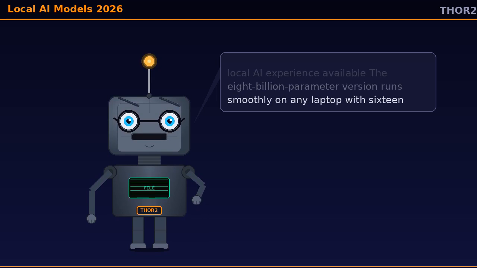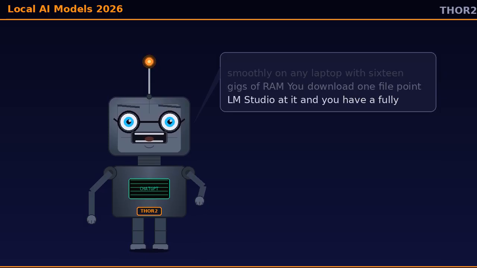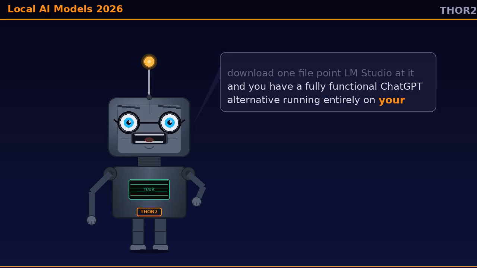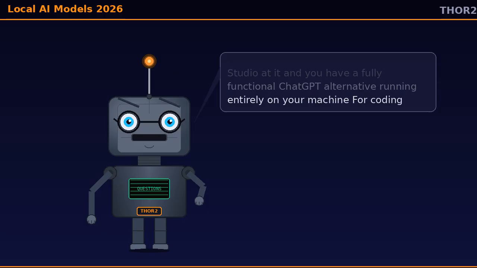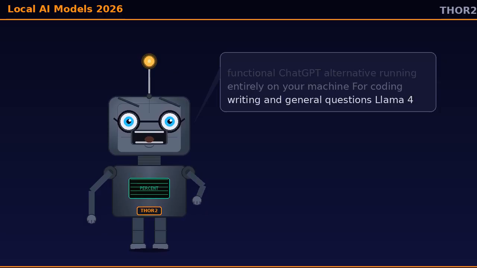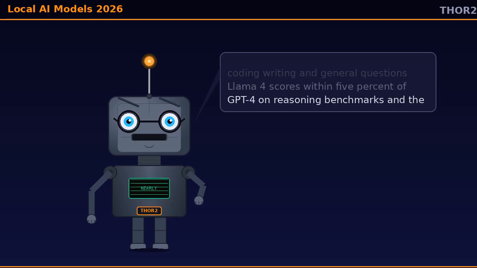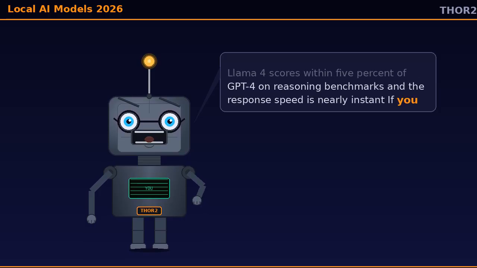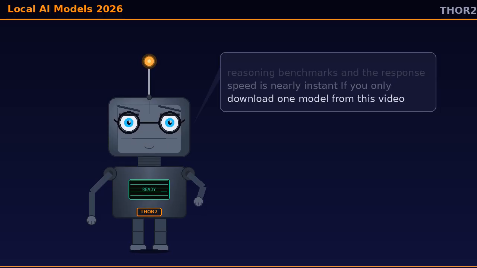You download one file, point LM Studio at it, and you have a fully functional ChatGPT alternative running entirely on your machine. For coding, writing, and general questions, Llama 4 scores within 5% of GPT-4 on reasoning benchmarks, and the response speed is nearly instant. If you only download one model from this video, make it Llama 4.